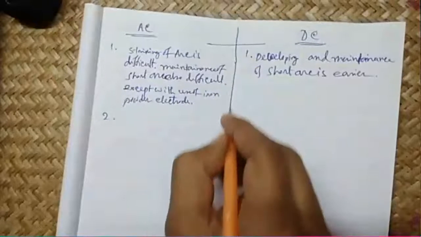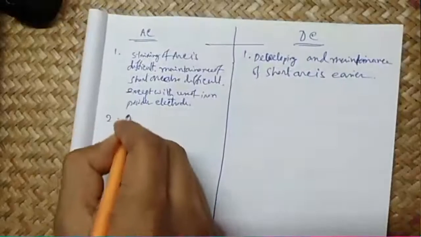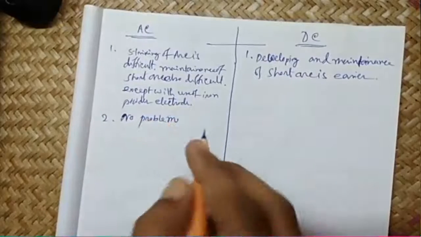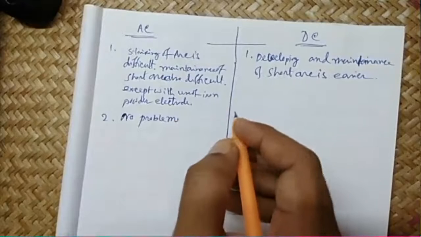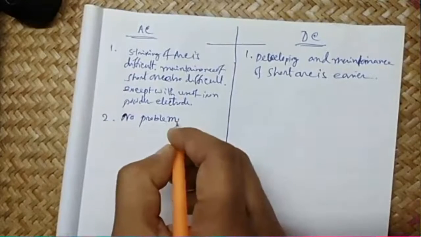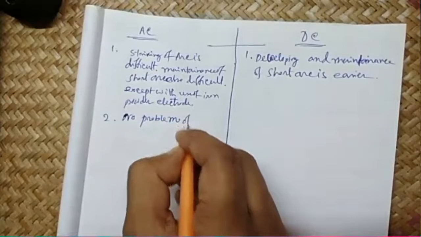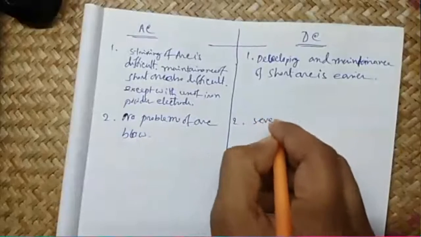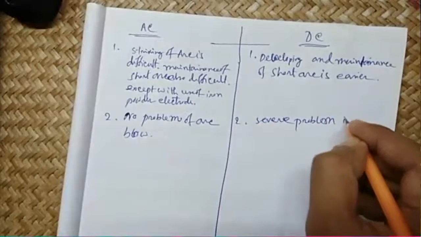Number two, no problem of arc blow, which is a severe problem. In AC, no magnetic field is produced, and thus there is not much problem of arc blow. This is a severe problem in case of DC.